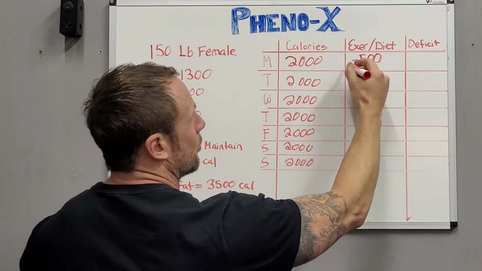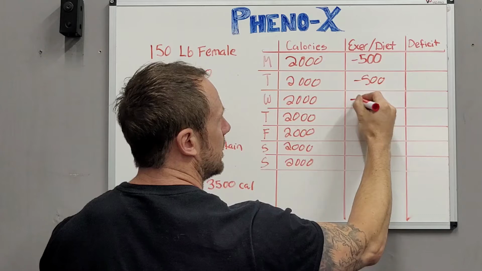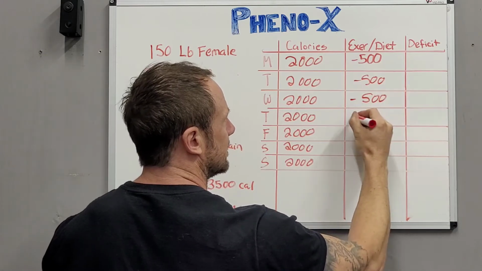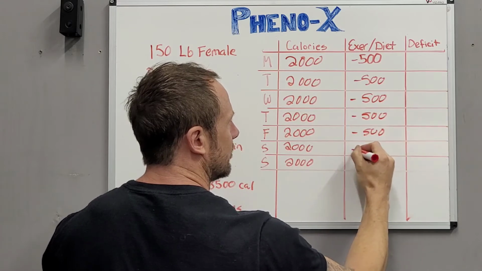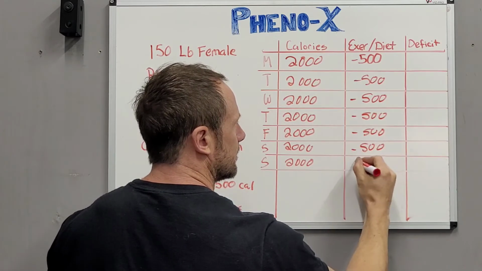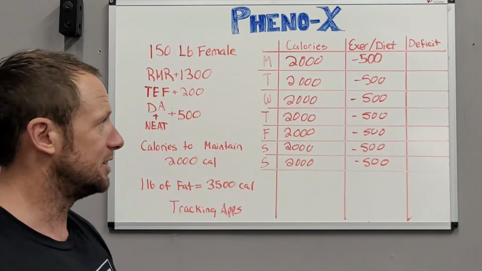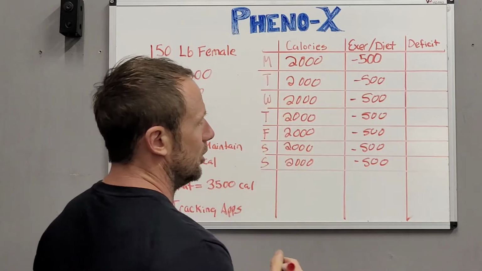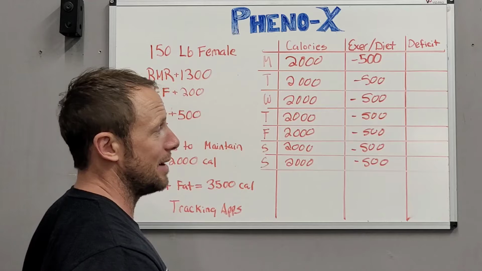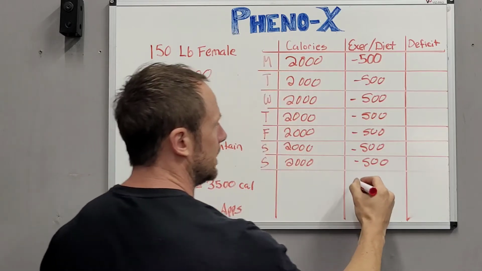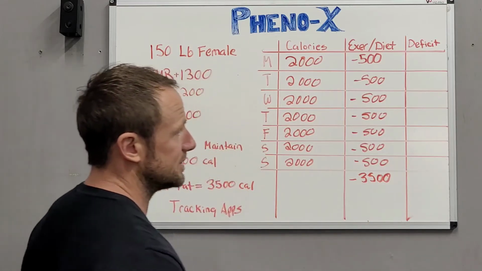So what we did is we exercised on Monday, we burnt 500 calories, and we were really consistent, kicking butt. Exercise every day of the week. We burnt 500 calories every single day. Well, if we take 500 calories and multiply that by 7, the number of days in the week, you end up at a 3,500 calorie deficit.